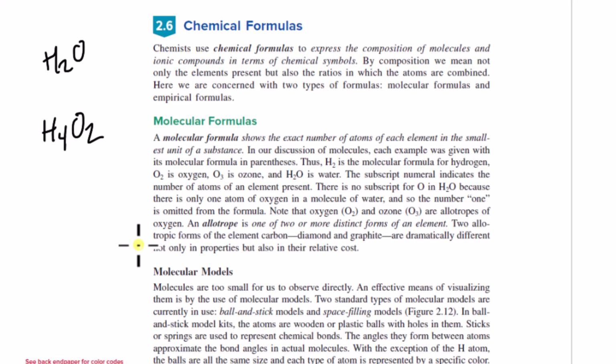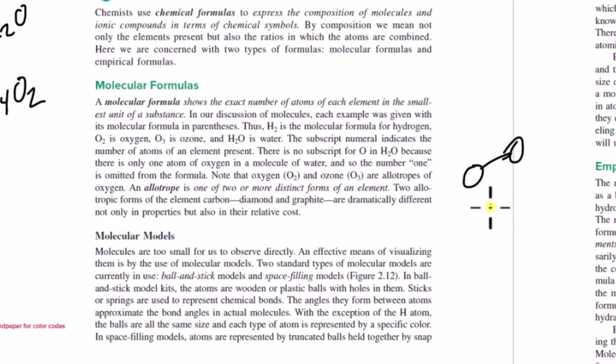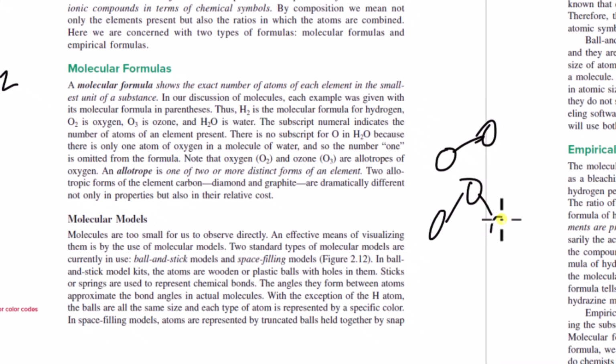We've seen how you could zoom in on substances like this and see different arrangements of these elemental atoms. You have O2, you have O3, right? So these different structures of the same elemental form of substances are called allotropes. Oxygen and ozone are allotropes.